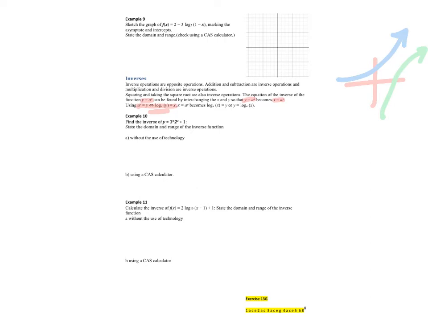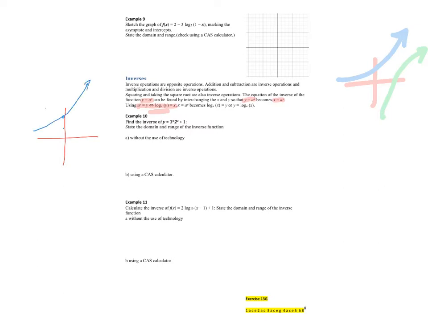Find the inverse of y equals 3 times 2 to the x plus 1, and state the domain and range of the inverse function. So the first thing I like to do, if I'm going to find an inverse, is have a quick sketch of the original function. 2 to the x times 3 just makes it a bit fatter, plus 1.